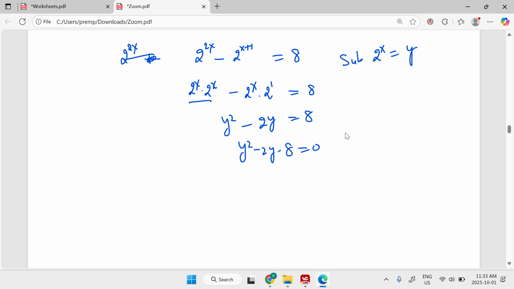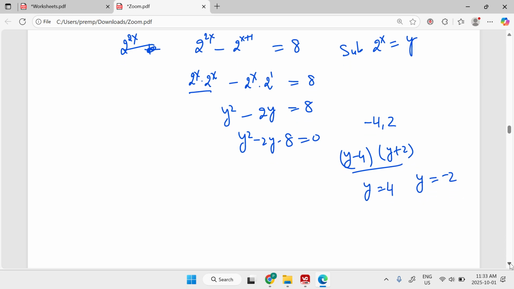So it is a quadratic, looking for two numbers which multiply to negative 8 and add to negative 2. So the numbers are negative 4 and 2. So your answer will be y minus 4 times y plus 2. Those are the factors. They will give you y value as 4 and this will give you y value as negative 2. Now what we said?